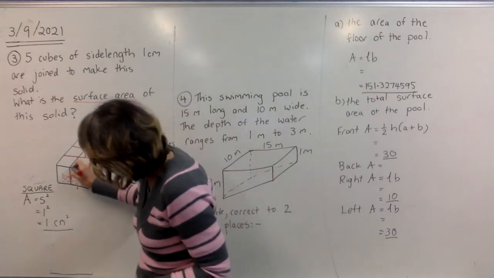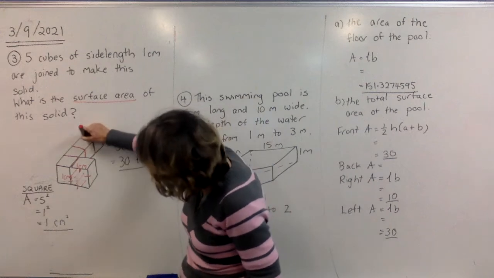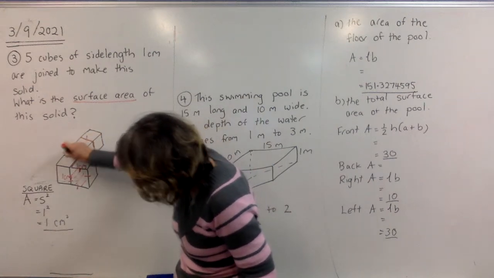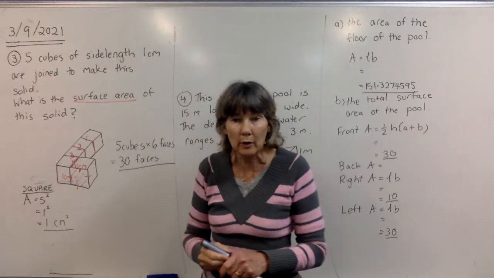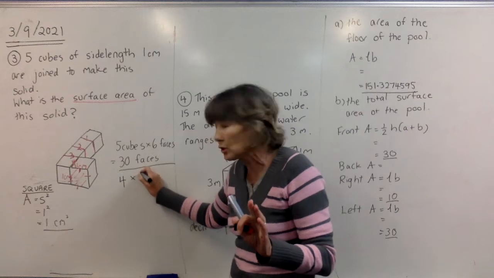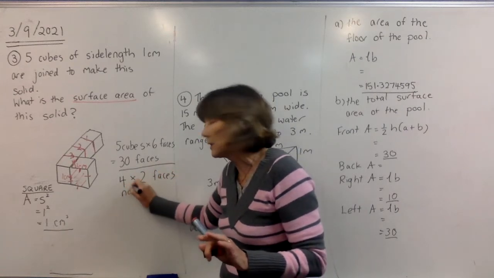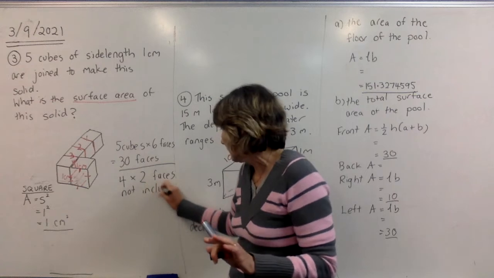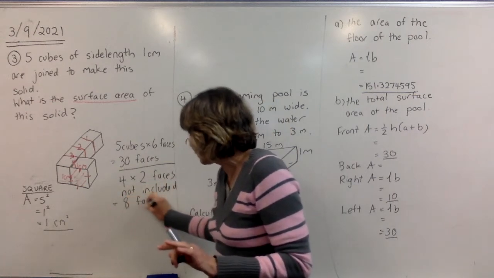And then it's glued again here. So we've got 1, 2, 3, 4 lots of glue, and that's 4 faces times 2 not included. If we multiply that out, we've got 8 faces not included.